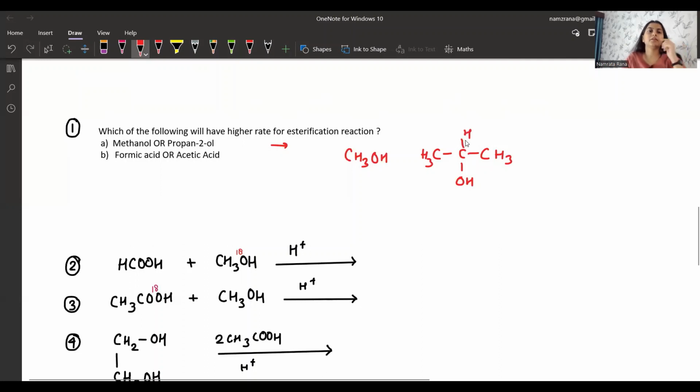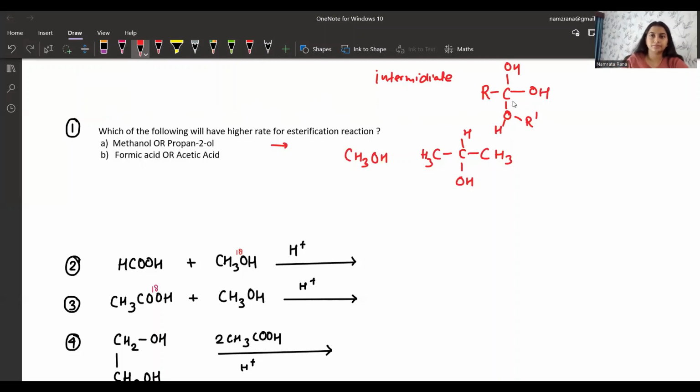Now, what is the approach for this question? You need to see the intermediate part of the mechanism. If you remember, you have the intermediate as R-C(OH)2 with our alcoholic part connected to it.